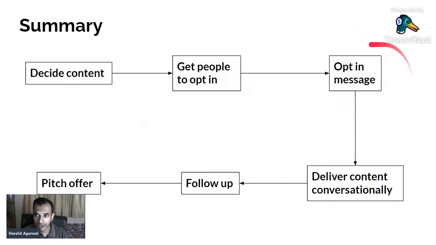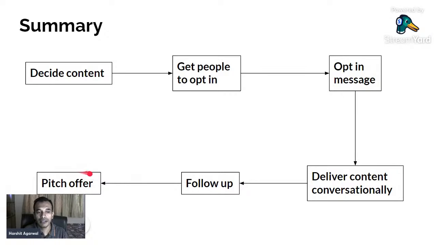And then there is the first message, the opt-in message, and you deliver one or two more messages after the opt-in message, and then start delivering the content conversationally through 4 to 8 back and forth interactions, with each interaction providing value. And once this content has been delivered, the next step is to follow up through 3 to 7 more messages which provide more value and further build trust.